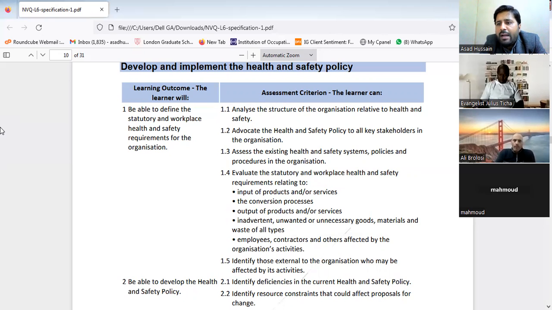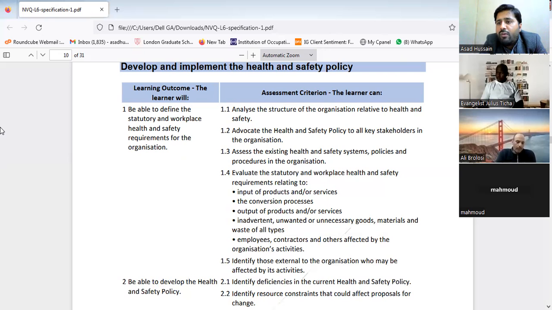Keeping in mind that the organization section is the second part of the policy, if you can produce a health and safety policy describing the roles and responsibilities of people present in the organization, it can be considered as evidence.